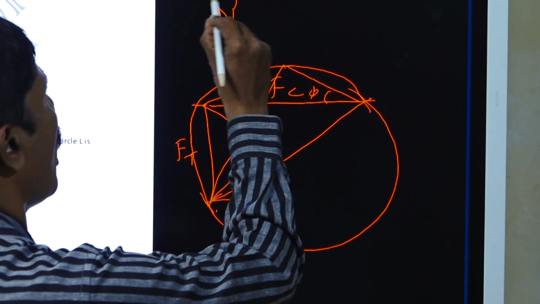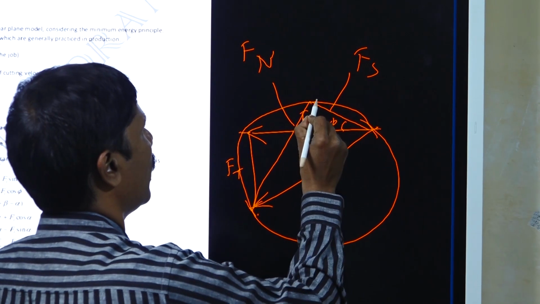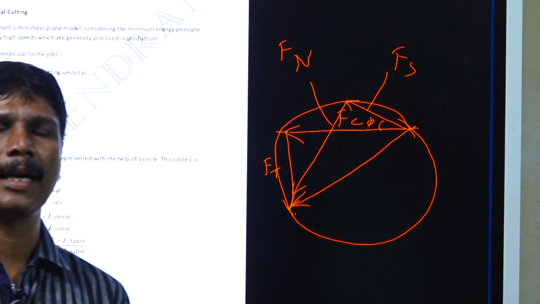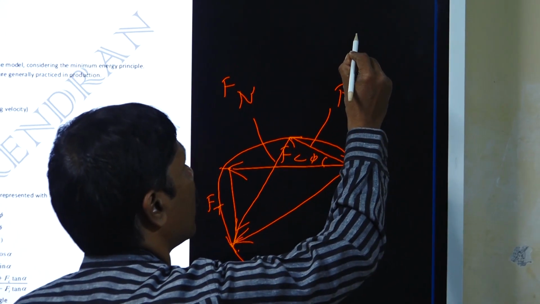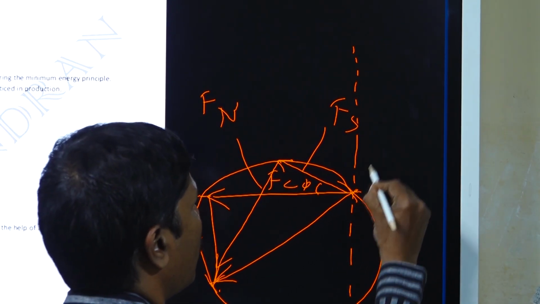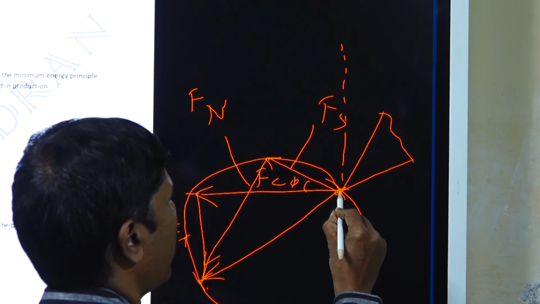This one is the shear force, and this one is the normal to the shear force. So it will make another triangle. Next, we are having the normal line here, and our tool will be like this. It will contact at this point.